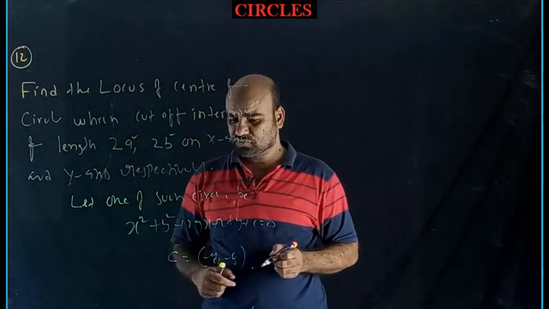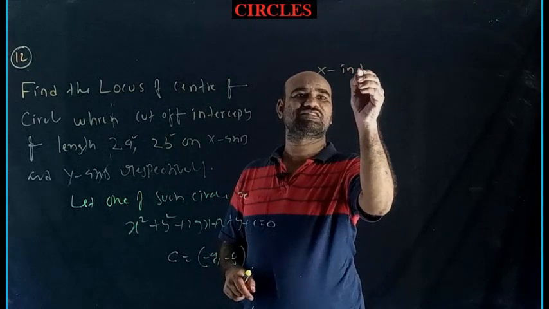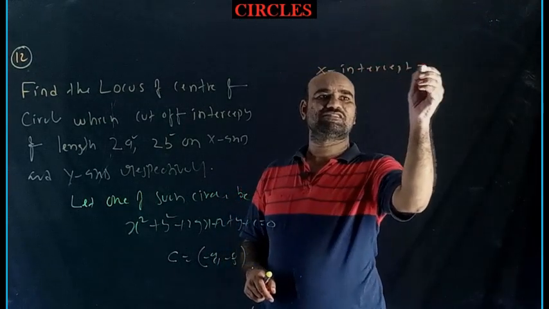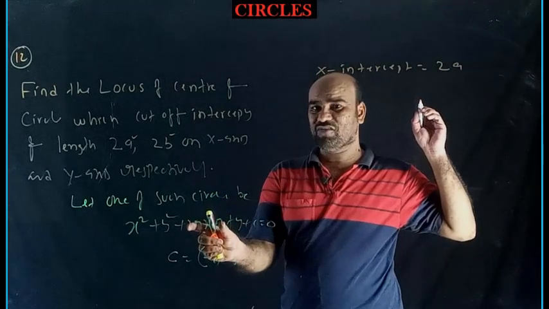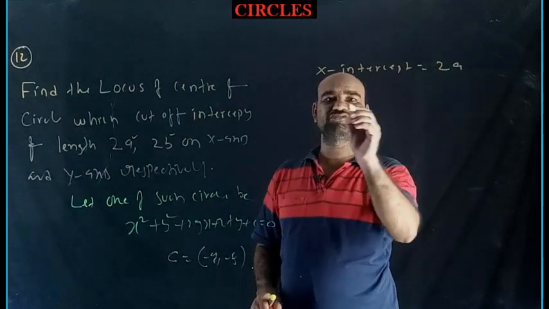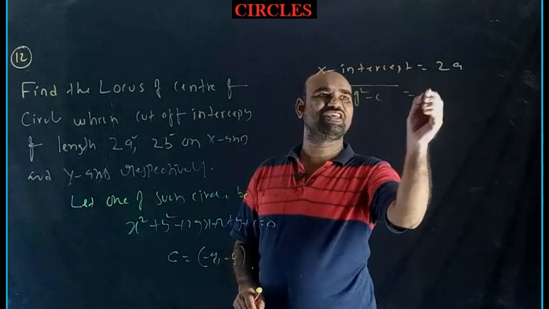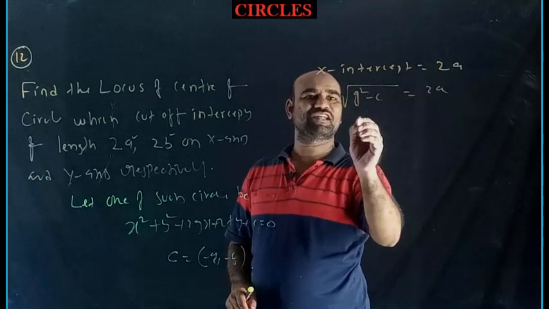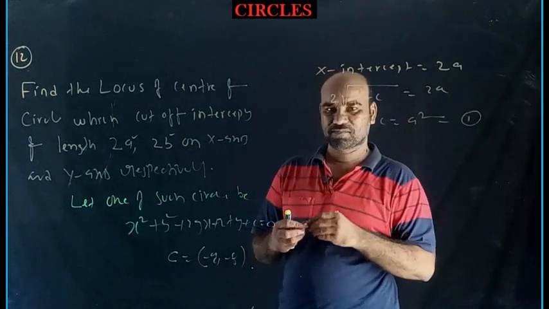Okay, so what is given on the x-intercept? 2a. Because x-intercept means we have the formula 2 into root over g square minus c equal to 2a. The 2 gets cancelled: g square minus c equal to a square, one relation.